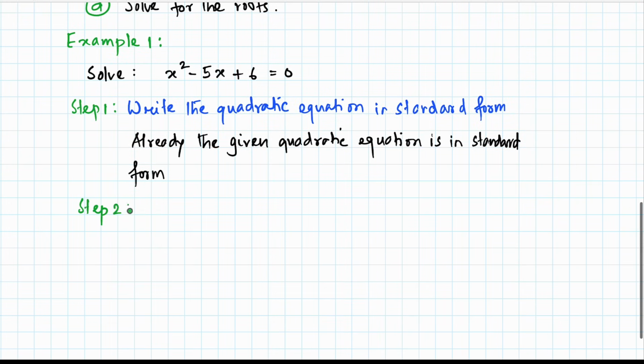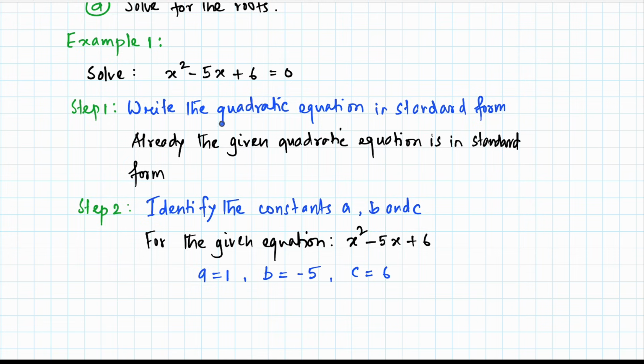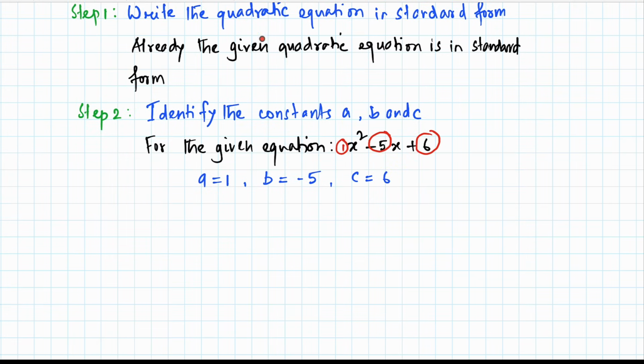Step 2: identify all the constants of the given quadratic equation, that is a, b and c. For the given equation x square minus 5x plus 6, a is equal to 1, b is equal to minus 5 and c is equal to plus 6.